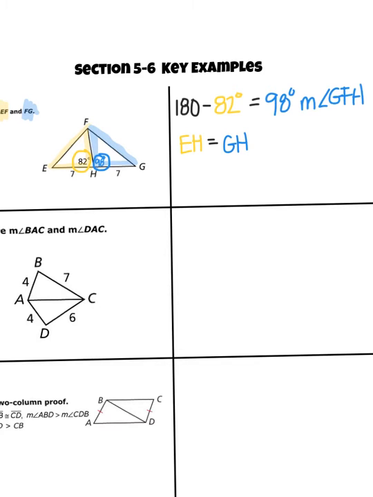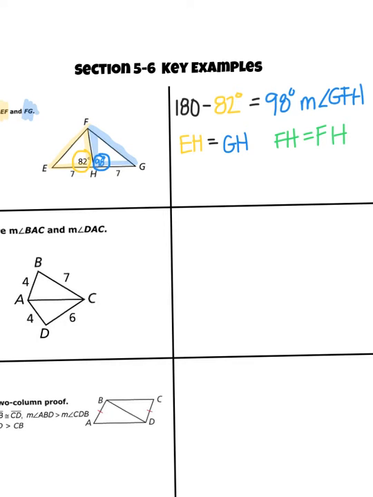Sorry. So EH is 7 and so is GH. So far, each of these triangles has one side in common. I also know that they each share the segment FH, which is obviously, because of reflexive, equal to FH.